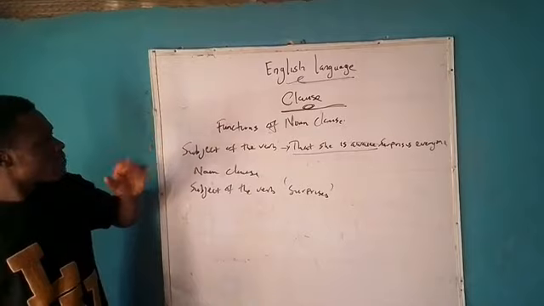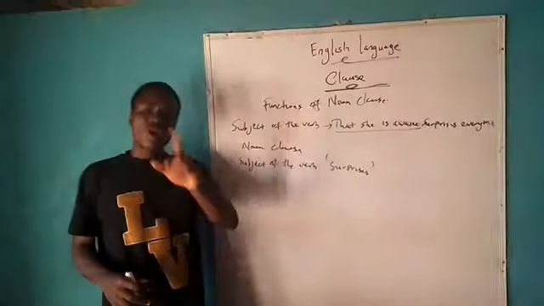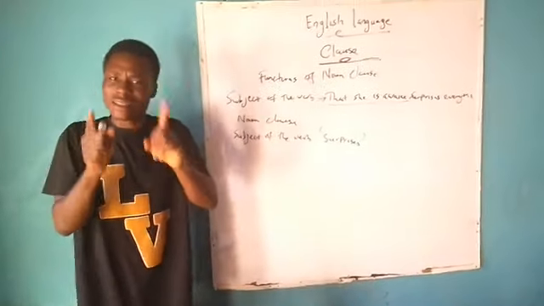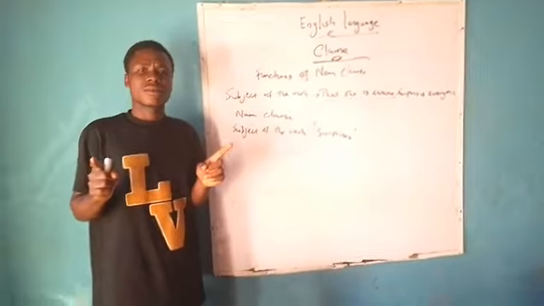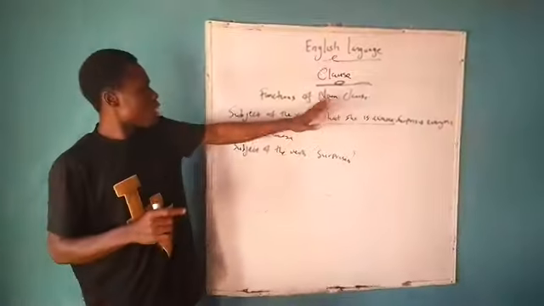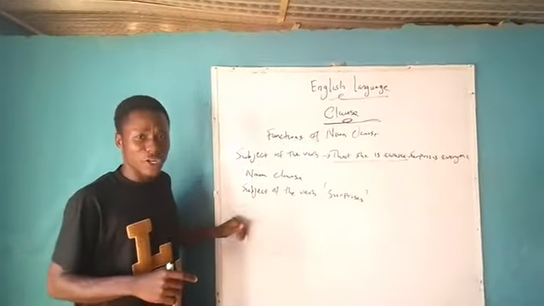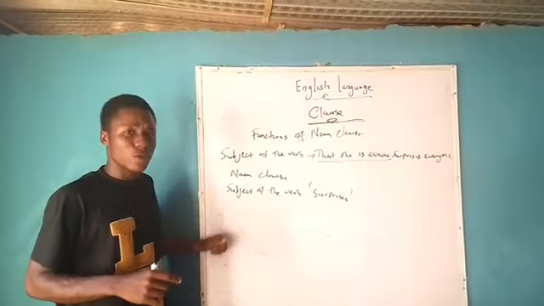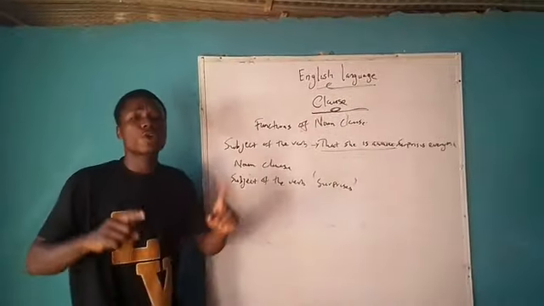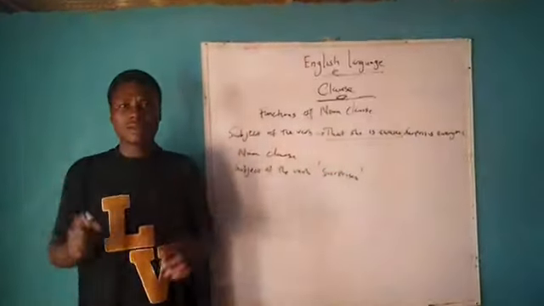And the reason why noun clause has these six functions is because noun clause does not modify or qualify anything in a sentence. Same thing as noun phrase and noun. The reason why they perform those six functions is because they do not qualify or modify anything in the sentence.